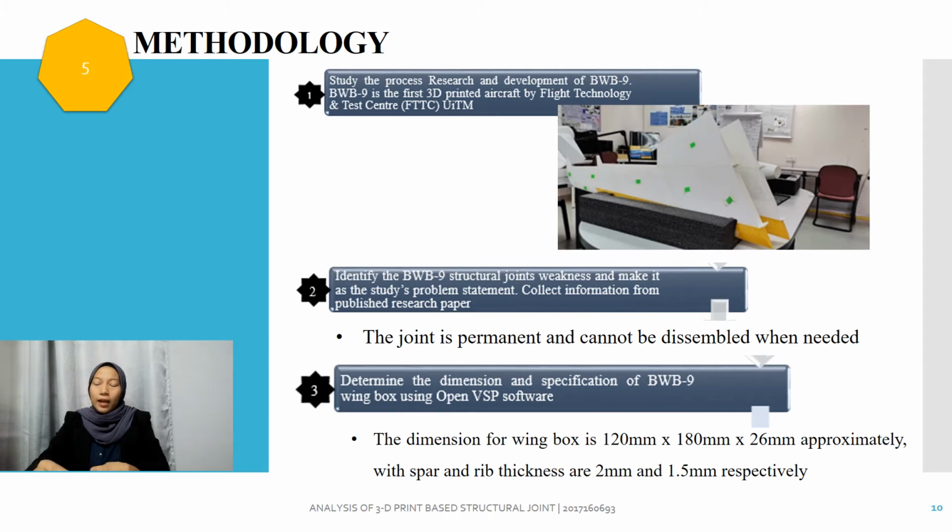For rib, it can be as thin as possible. So 0.8 mm is the minimum thickness, but no more than 1.5 mm. So the rib thickness is set to 1.5 mm, considering the maximum thickness of the rib.